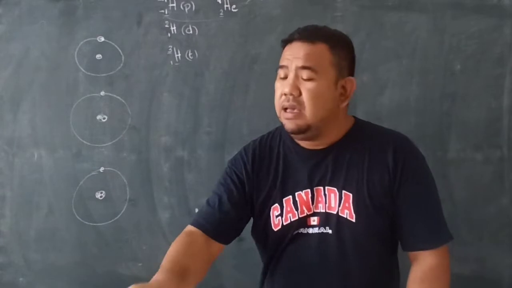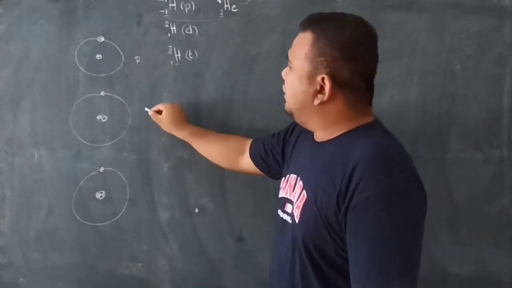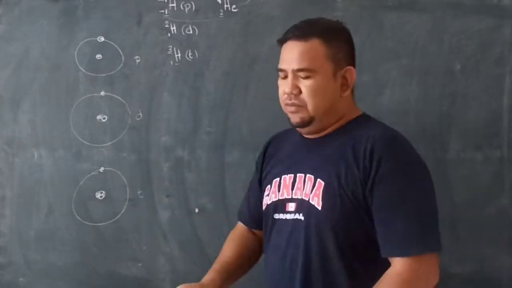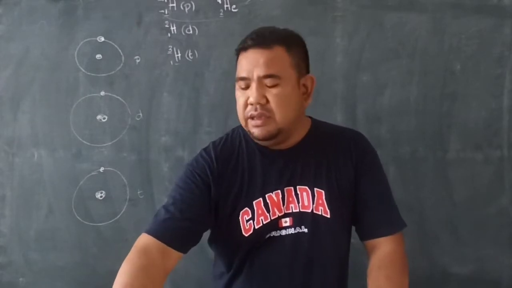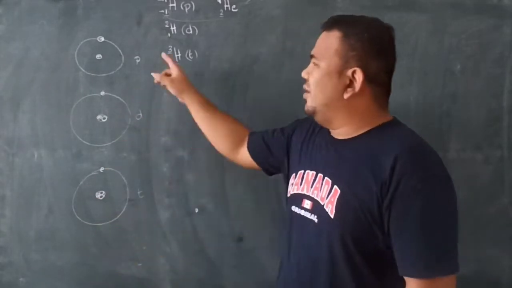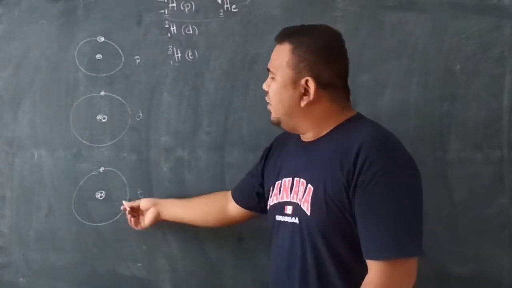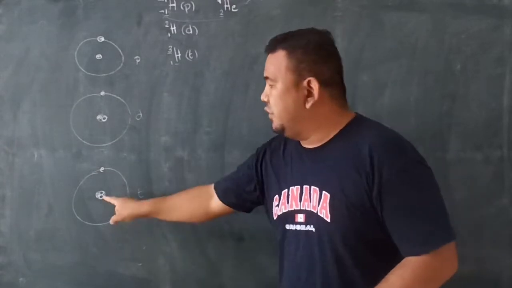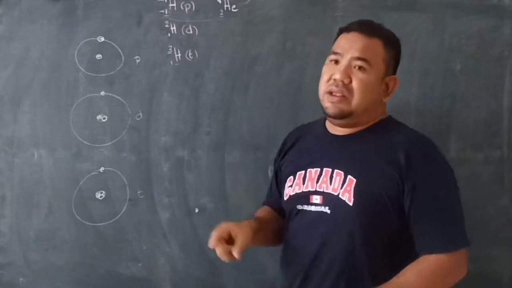Again, this is protium, this is deuterium, and this is tritium. You have only these three isotopes. Your hydrogen cannot carry more than three isotopes. So, they have different numbers of neutrons. That's why their mass numbers are also different.